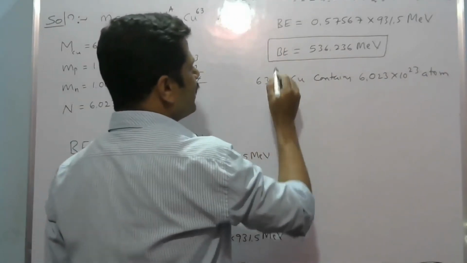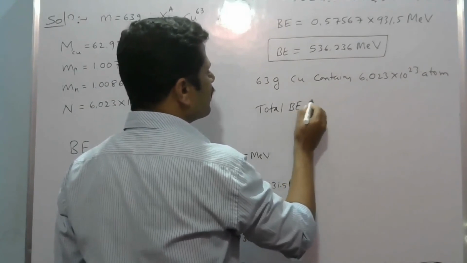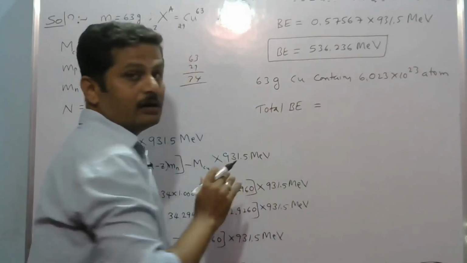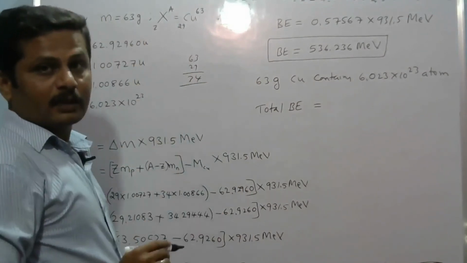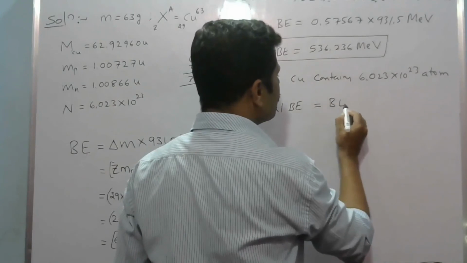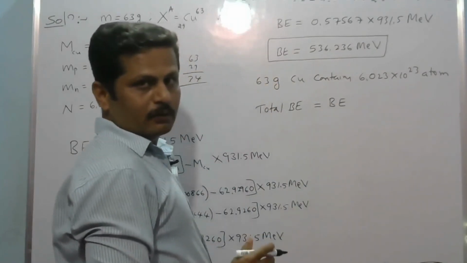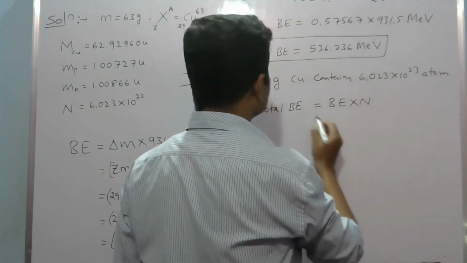So now the total binding energy required to break all the neutrons and protons from the 63 gram copper coin is equal to the binding energy required to break the protons and neutrons from each atom into the number of atoms present in the copper coin.